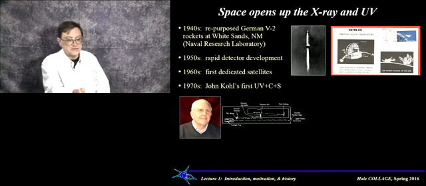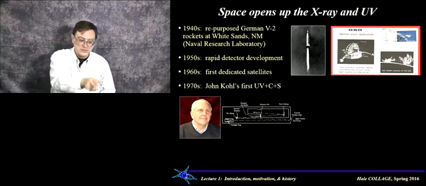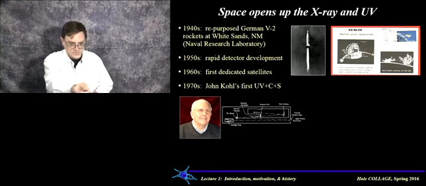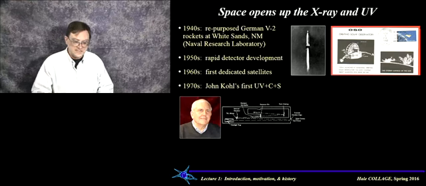Where I enter the story here comes with John Cole, who in the 1970s first developed an ultraviolet coronagraph spectrometer. So I sort of split up the acronym that he often used for these instruments: UVCS, ultraviolet to see where the photons are in space, coronagraph to block out the disk of the sun, and spectrometer to break up the light into its component parts.